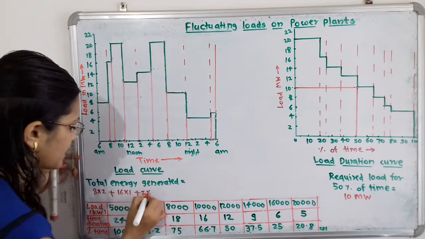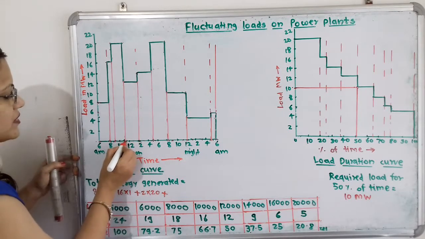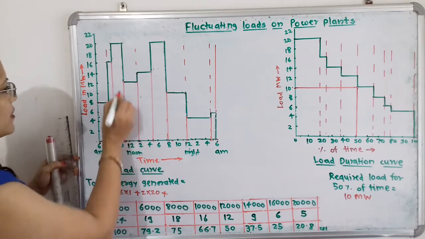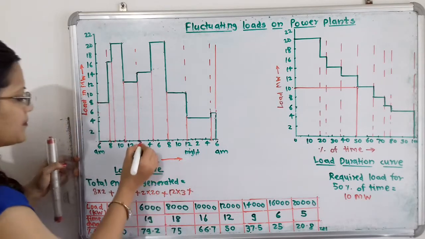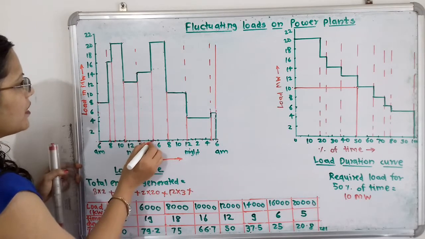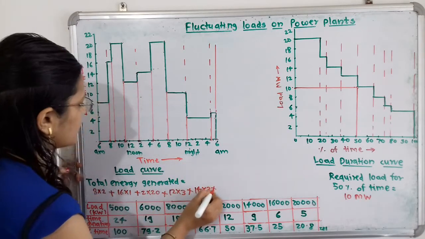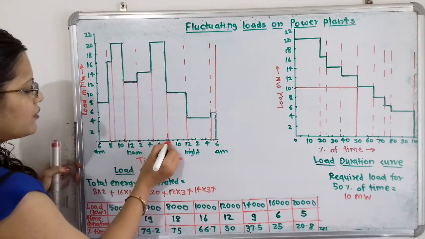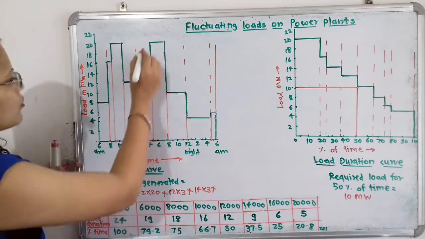So 2 multiplied by 20, plus now 11 to 2. For this 11 to 2, that is 3 hours, load is 12, that is 12 multiplied by 3, plus 2 to 5. Here total 3 hours and load is 14. So 14 multiplied by 3, plus 5 to 8. Here also 3 hours and load is 20.